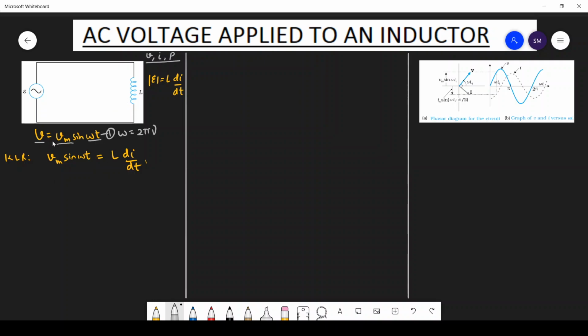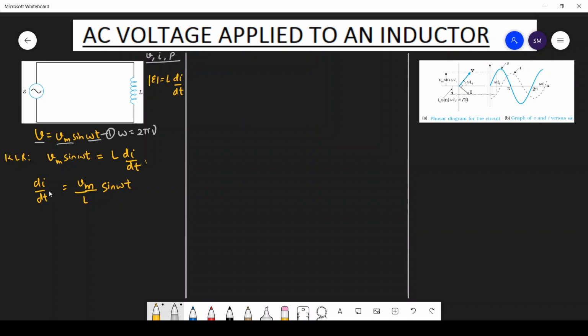Now I know the voltage, I want the current. So for that I need to isolate this current. How can I isolate this current? This is a differentiation. So bring L this side. So this is di by dt equals Vm by L into sine omega t.